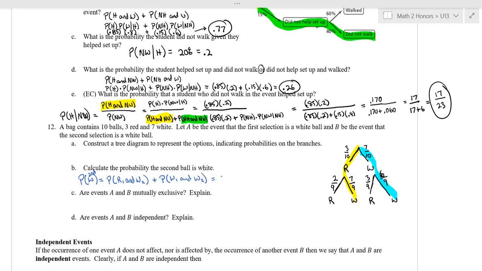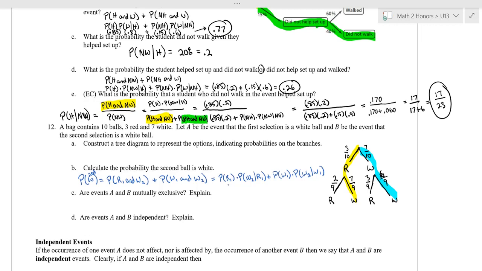Then that's going to be the probability that the first one's red times the probability that the second one is white given that the first one is red, plus the probability that the first one's white times the probability that the second one is white given the first one's white. Just using my probability formula.